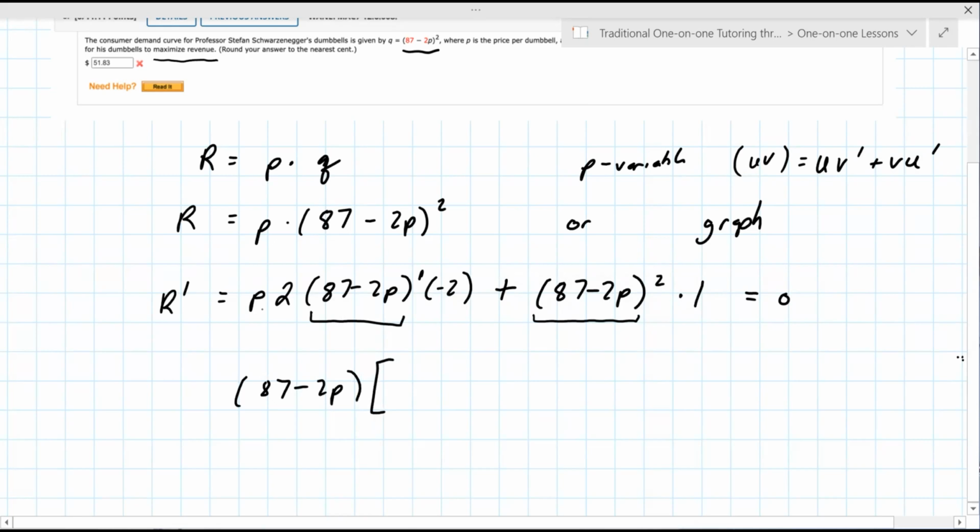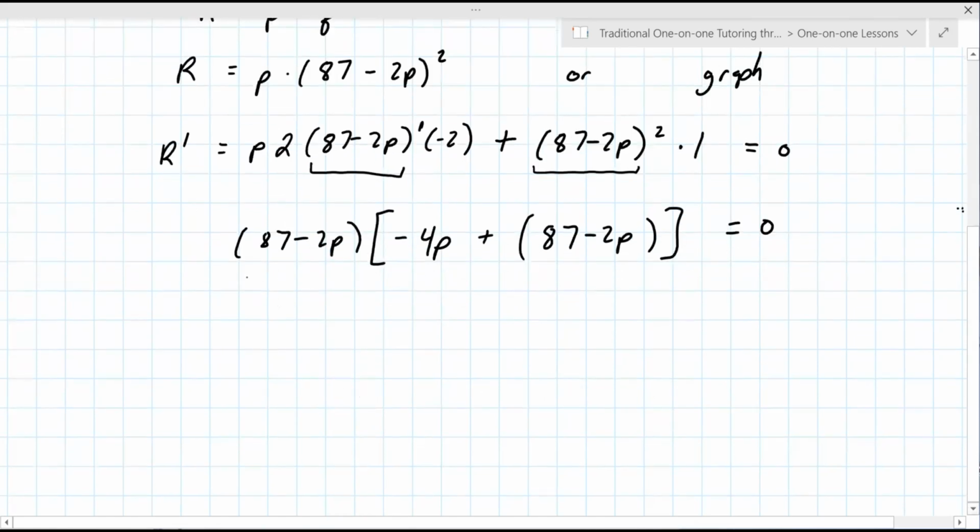What you have left over is P times 2 and -2, so that's -4P, plus 87 minus 2P, because you have two of them here, equal to 0. So you set each of these equal to 0: the 87 minus 2P on the outside, and then -4P plus 87 minus 2P.